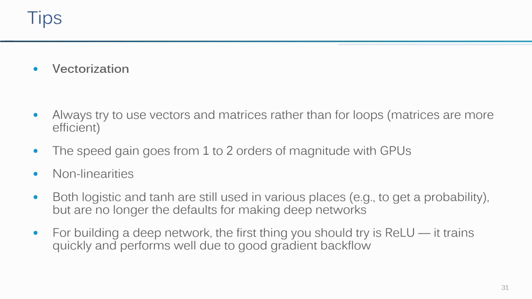Also about nonlinearity, and this here should be in bold, and I think I mentioned this before, both the logistic regression and tanh are still used in various places when we want to get the probability. So in the end, when we are trying to calculate, okay, this final value that I have, how probable is it to be a location in our previous class?